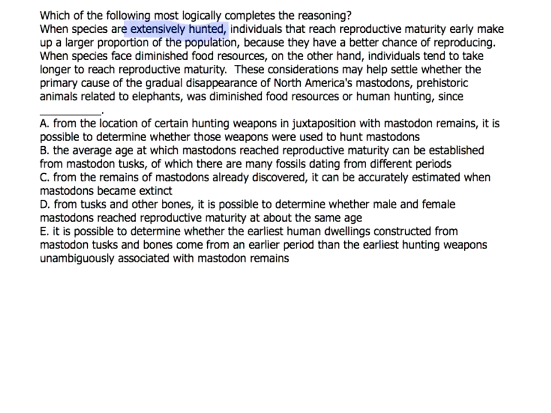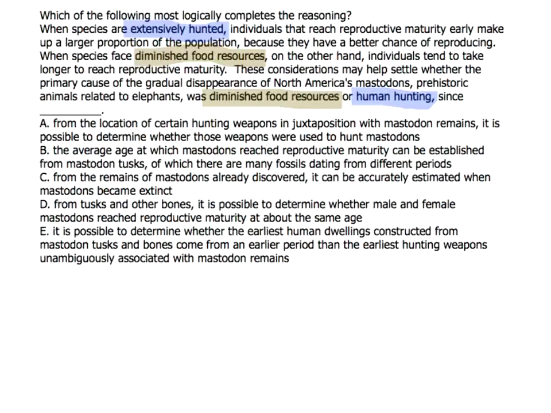So extensively hunted goes with this. Whereas this idea here, this is verbatim the same as that. So that's an easy connection to recognize.